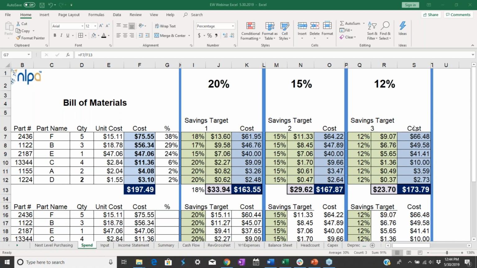Kim, is there a course that goes over this in more depth? Goes over which component in more depth? The integration of negotiation and bill of materials with the fiscal statements, or the cost reduction categories that I went over with the waste categories.